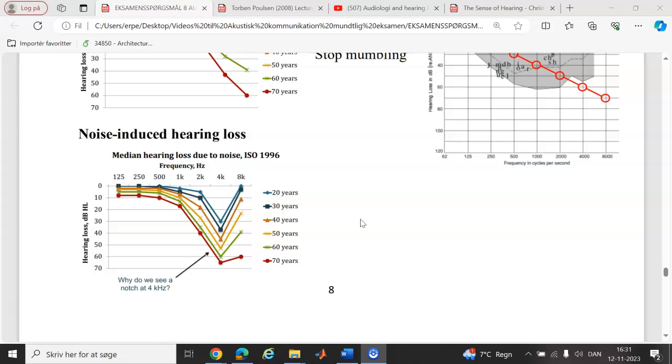I think it's because of this resonance frequency. When the noise and the signal frequencies are similar, the masking has a maximum, and you can say hearing loss is worst.